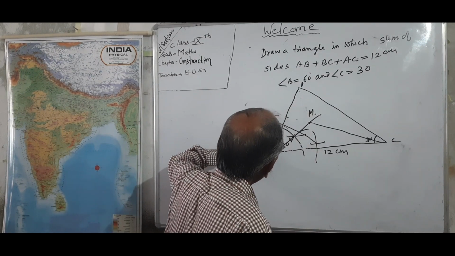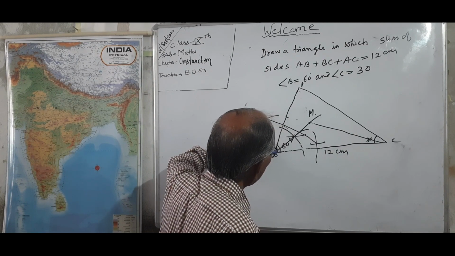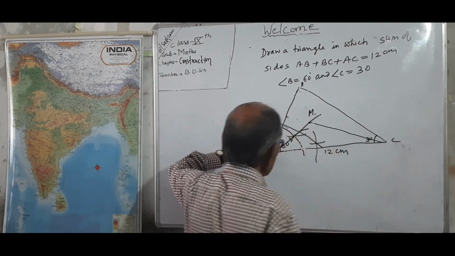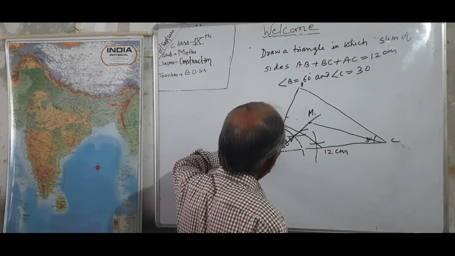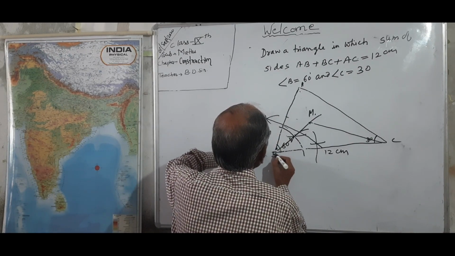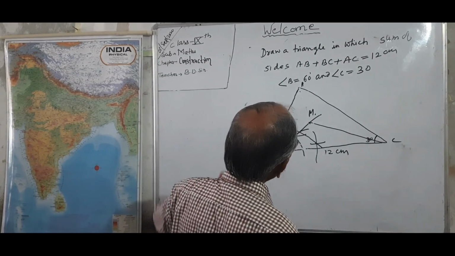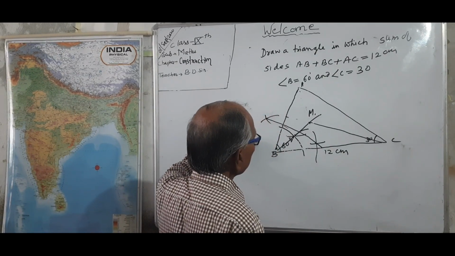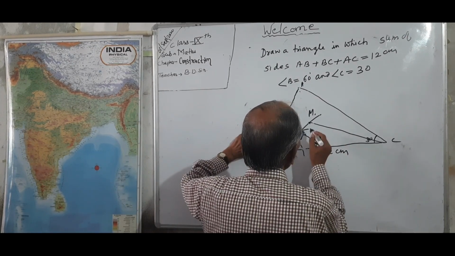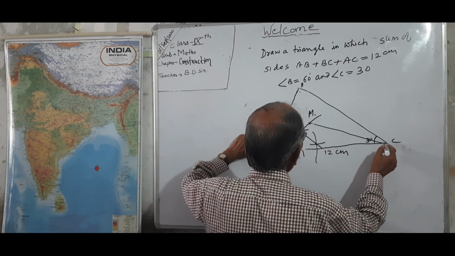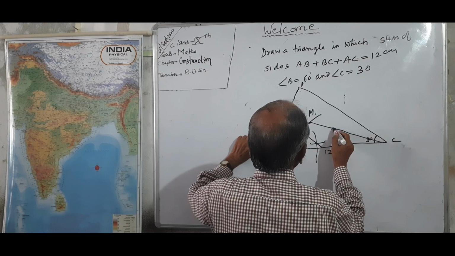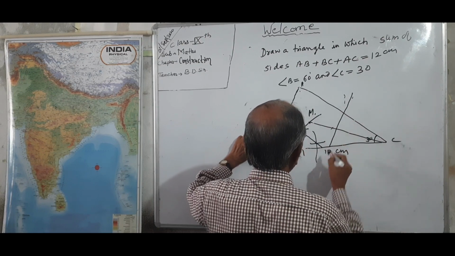So, this is the perpendicular bisector of AB. Similarly, we have to perpendicularly bisect MC.